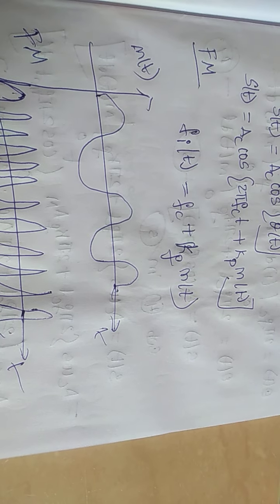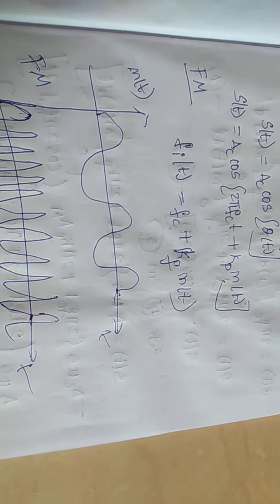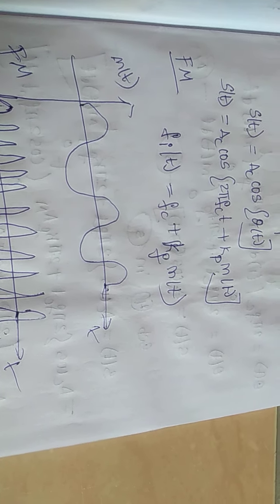So this is for FM modulation, where fi of t is equal to fc plus kf m of t for frequency, and this is for phase. I am just writing it in order to know the difference.